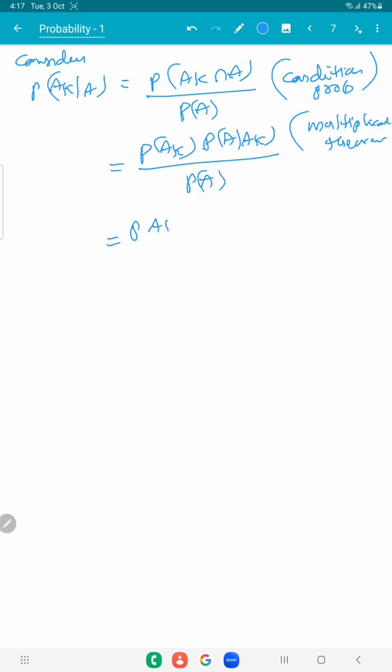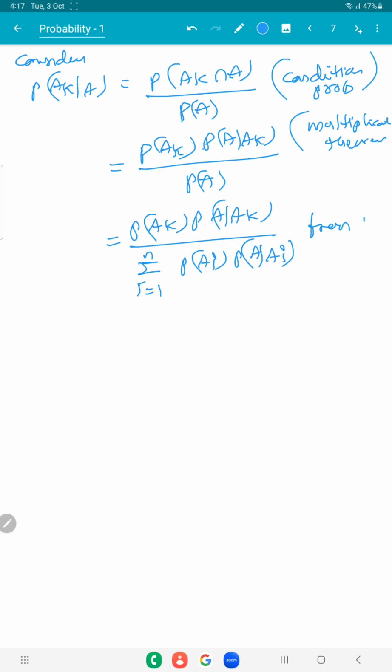So P of Ak into P of A given Ak, divided by the summation i equal to 1 to n of P of Ai into P of A given Ai. So hence the Bayes theorem is proved.